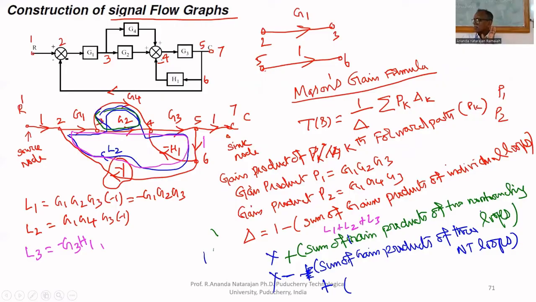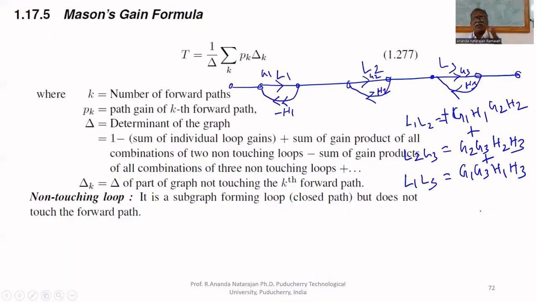If it is there, we have to consider it. In this case, is there any three non-touching loops? Yes, it is there. L1, L2, L3 are not touching each other. Therefore, you will get one term: L1, L2, L3 equals G1, G2, G3, H1, H2, H3, minus, because three negative terms, therefore minus.